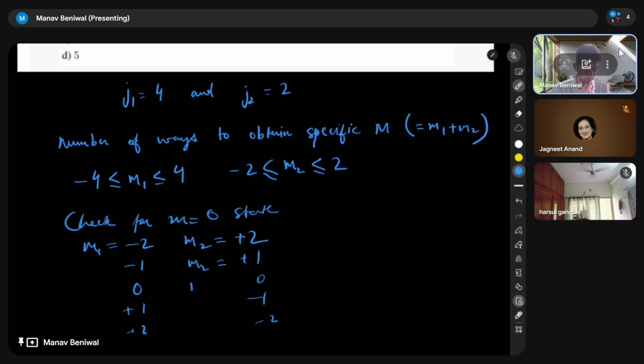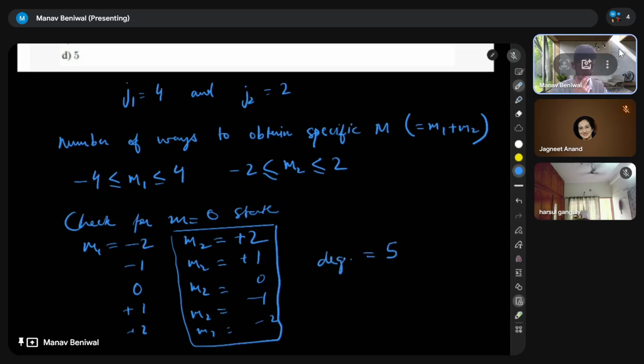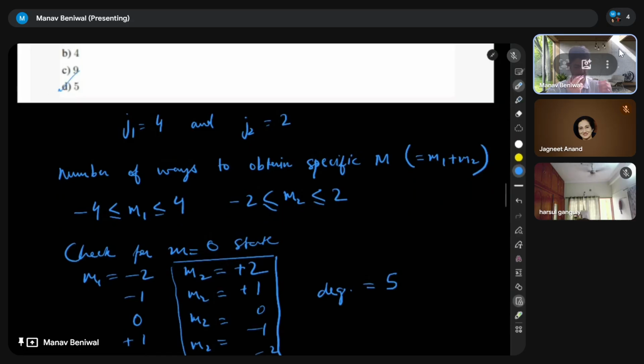We see that we have covered all possible values of m2, and the degeneracy is coming out to be 5. So the answer is 5.